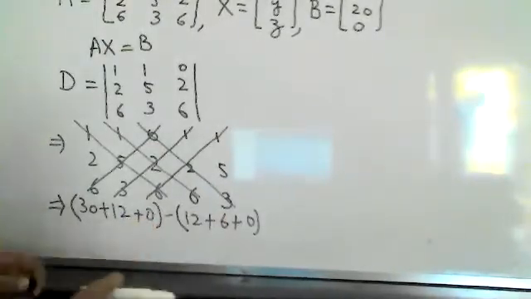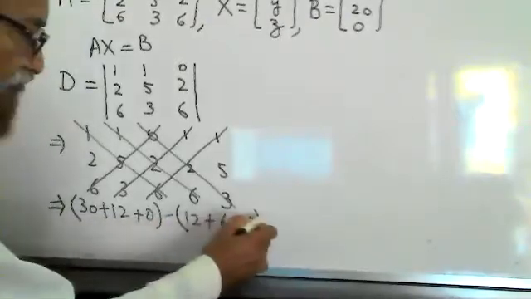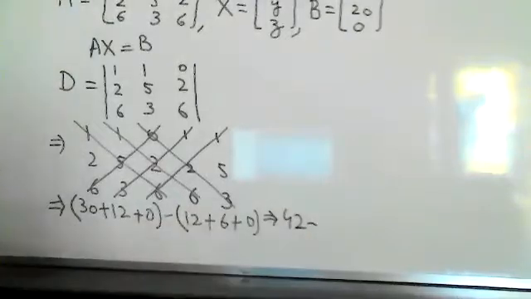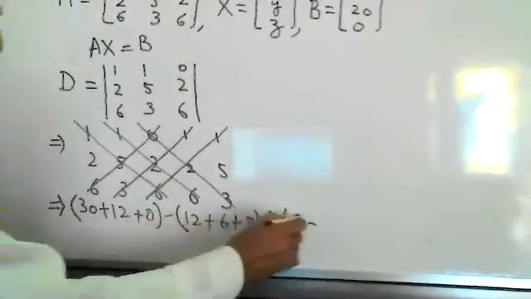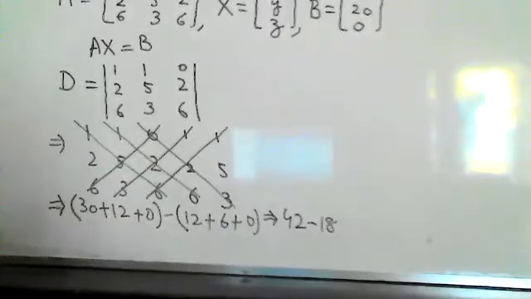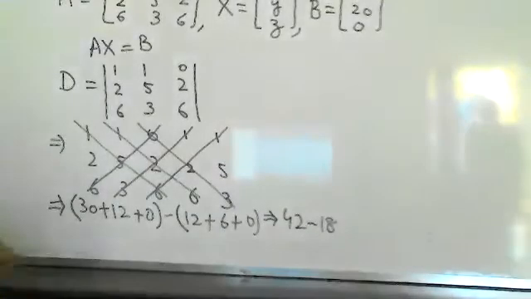Now we subtract both. 30 plus 12 will be 42, minus 12 plus 6 will be 18. So 42 minus 18 will be 24.